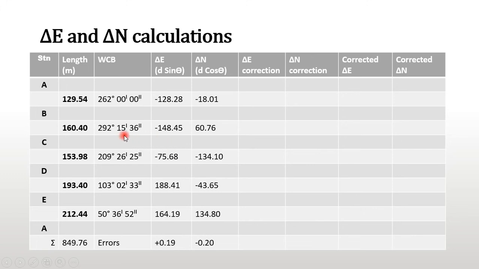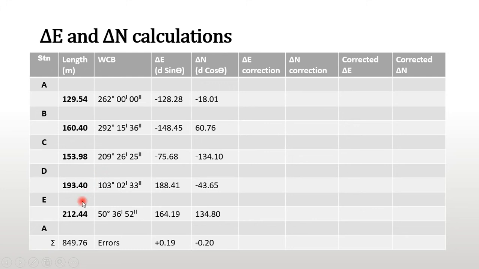And if you want to determine the change in northings for the traverse leg BC, then it's going to be 160.40 times cosine 292 degrees 15 minutes and 36 seconds. And this will give you a result to two decimal places, which is 60.76 meters.